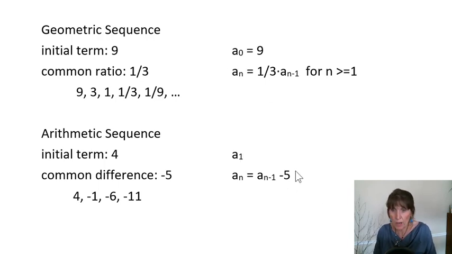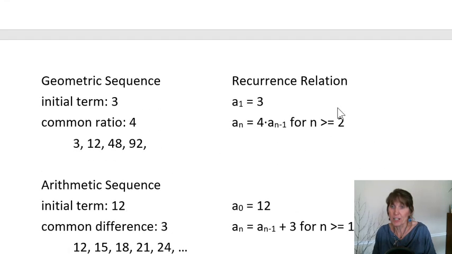So let's do a of 1, and then this is for all n greater than or equal to 2, because a sub 1 is defined here. So a of 1 is equal to 4. And there we've completely defined those sequences using a recurrence relation.